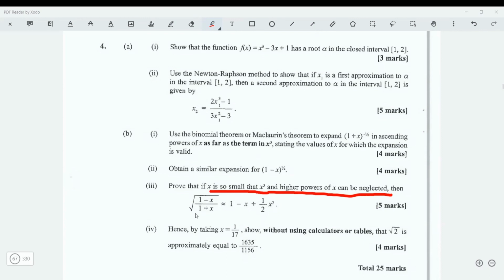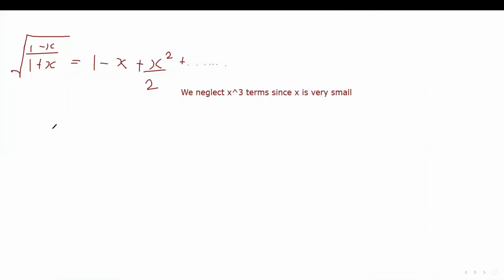All right. Now it says, Marika, hence by taking x as 1 over 17, show that without using a calculator, root 2 is 1635 over 1156. So all we're going to do is substitute x as 1 over 17. So let x equal 1 over 17. Plug that in now.